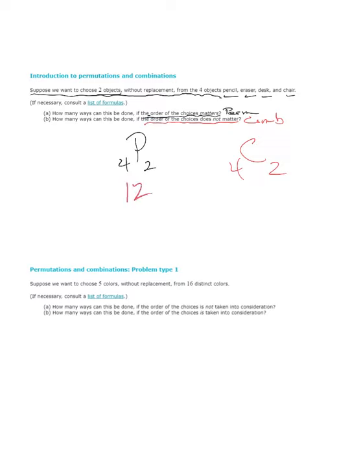And then if I go with the combination one, there's only 6 ways to do that. Since the order doesn't matter, some of those orders are repeated. So there we go. That's just a matter of plugging some things into your calculator.